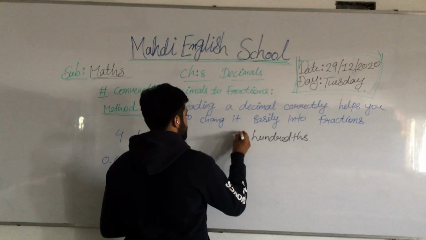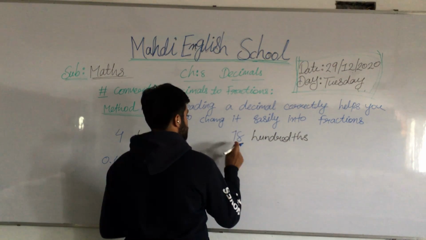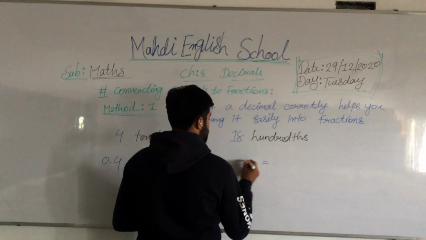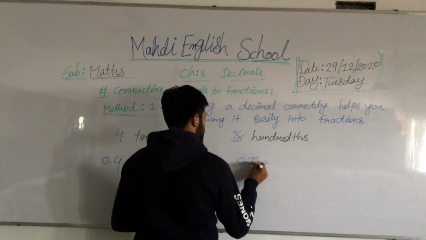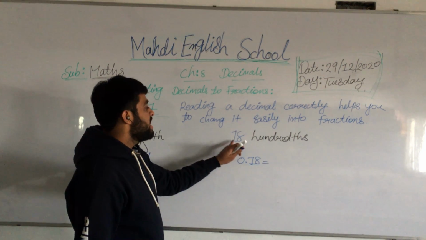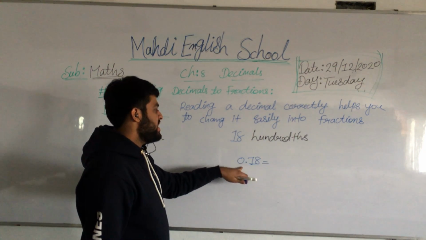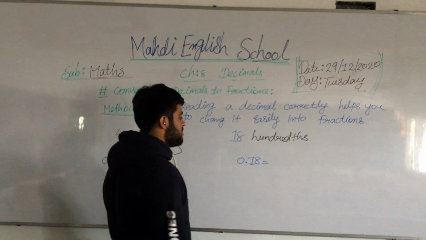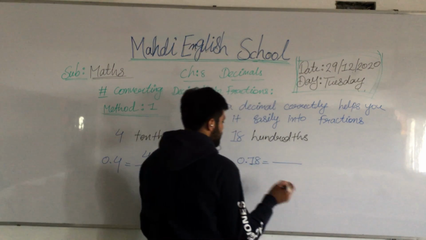Here is 80. So 80 shows what? 0.80. How do we know that it's written in the decimal, 80 hundredths? It's 0.80. Got my points, my dear students? Here we write the fraction.